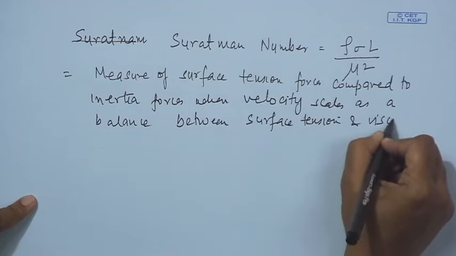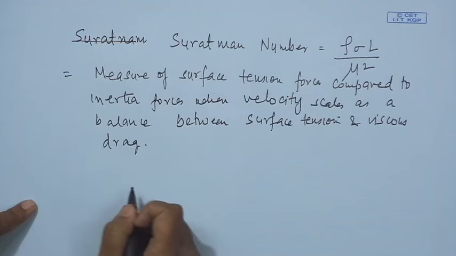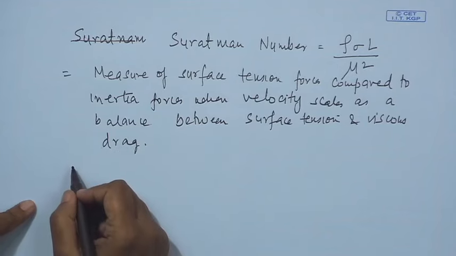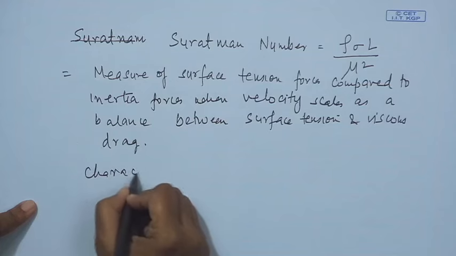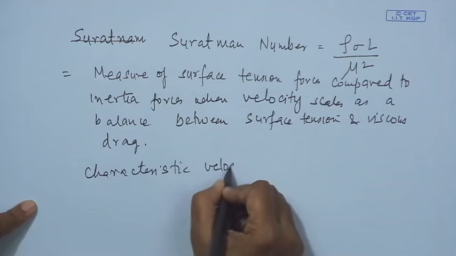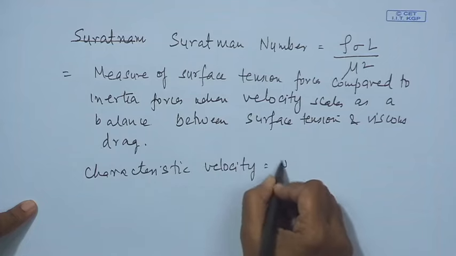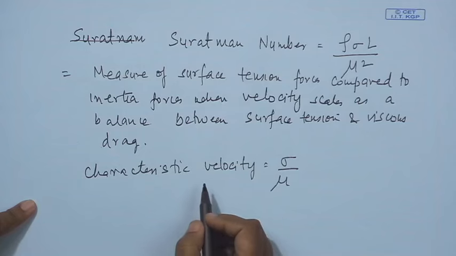What does it mean? In other words, in the Reynolds number, if we replace the characteristic velocity with sigma by mu, then we get this particular Suratman number.